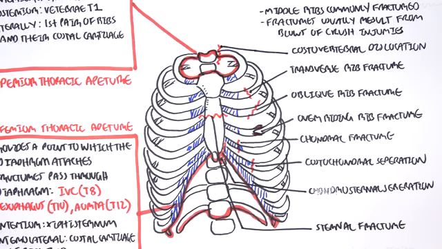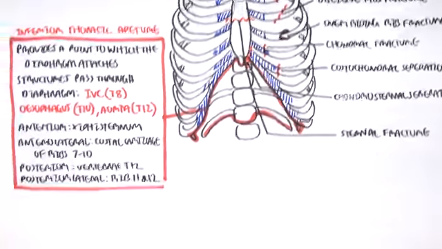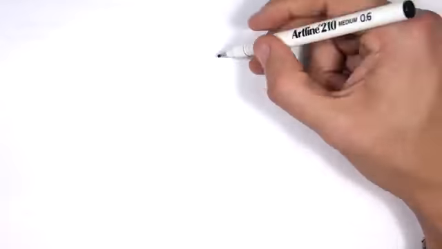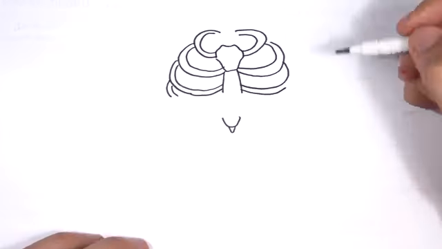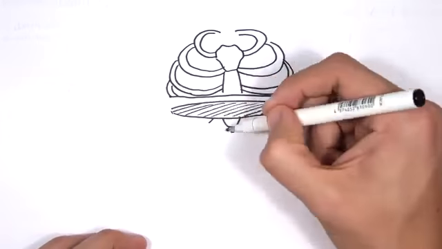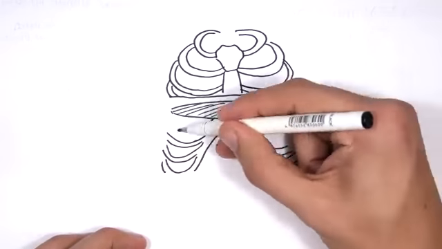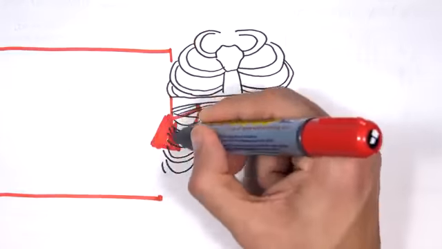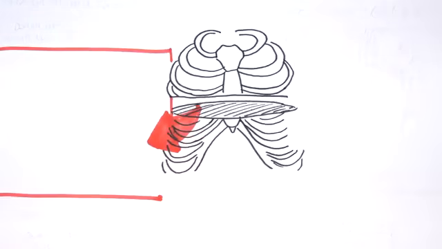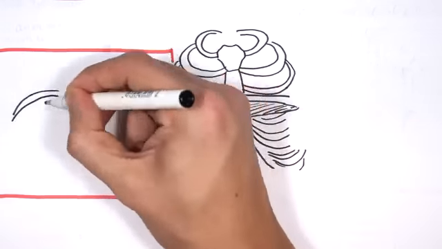Now let us look a bit more at what arteries, nerves, and veins go through here and supply the ribs essentially. So here we have the anterior view of the thorax. Let's cut through here, a cross section, and look at what important structures we can find.